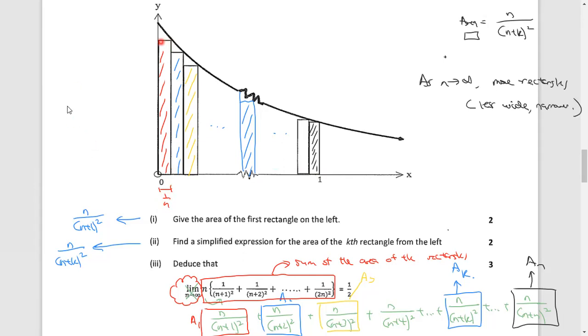And so as your rectangles get narrower and narrower, if you have infinite rectangles, then your rectangle basically will have no width. It will basically go towards 0. So for all intents and purposes, you're not going to get rectangles, you're going to get lines. And so the skinnier your rectangle, the less gap you're going to have because they're very skinny.